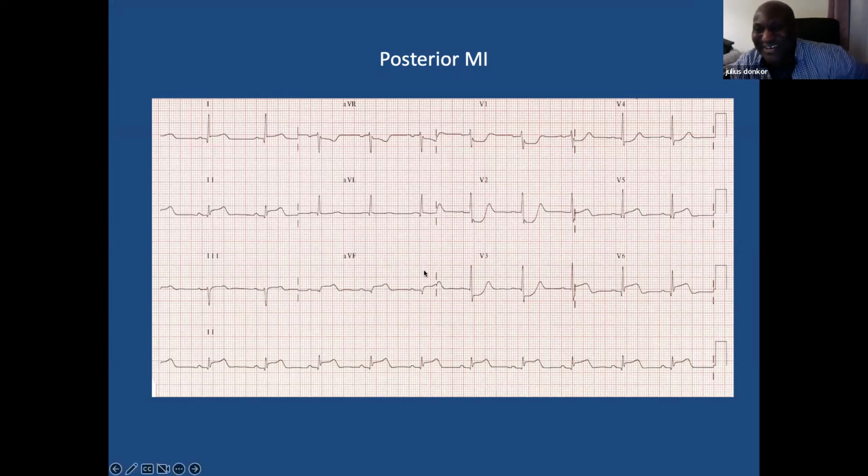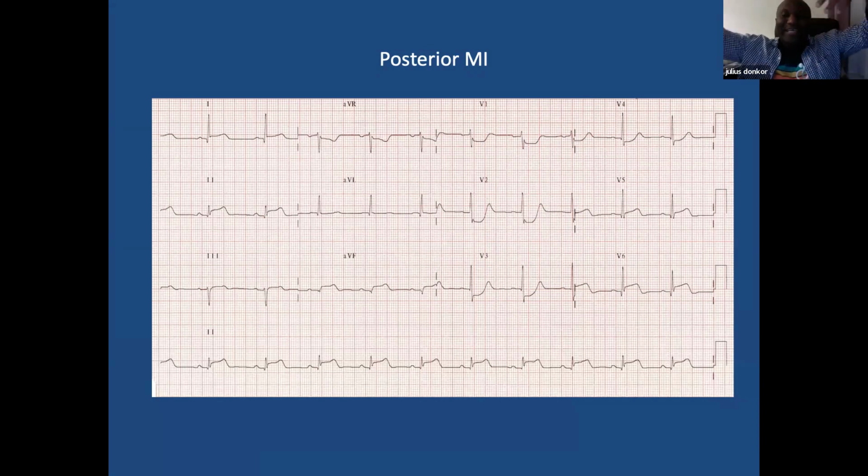Basically, you can do V7, V8, V9 in the same horizontal plane as V4, V5, V6, out to the scapula, your shoulder blade, and put the electrodes there.